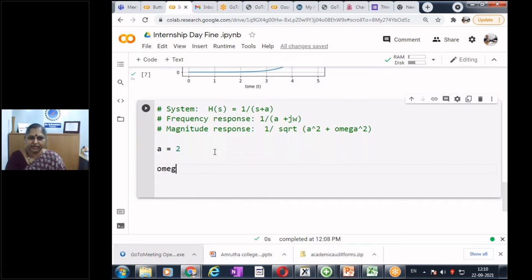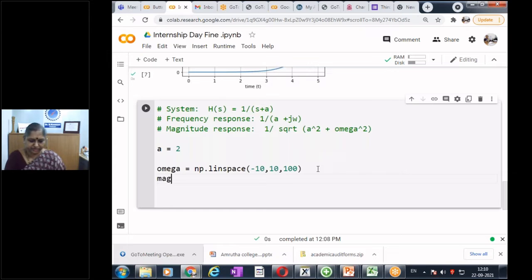Now let me define my omega. Omega is, say, np dot linspace, from where to where I want to plot, let us say from minus 10 to plus 10, and let me put 100 values. My frequency goes from minus 10 to plus 10. And then what is my magnitude response? Magnitude response is given by 1 by np dot sqrt of a square plus omega square.